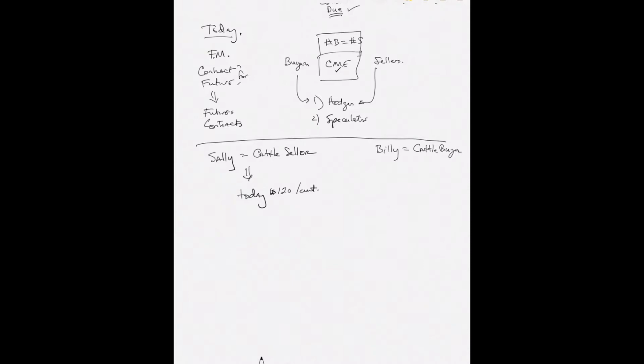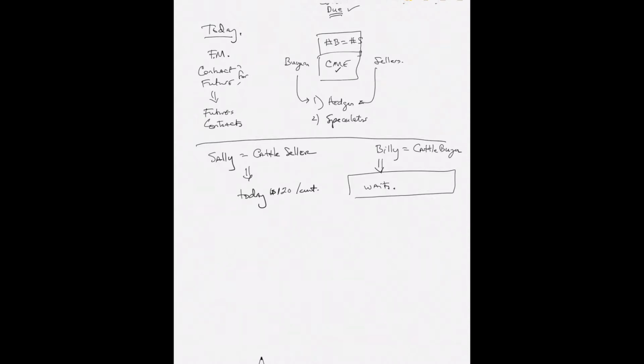And so if we look at a market today and we say, well, $120 a hundred is the market. Billy looks at this market and says, man, I really don't think I want to buy that at all. So Billy sits there and does nothing. So Billy just waits, right? So he's waiting probably for one reason is that he thinks the price is too high.